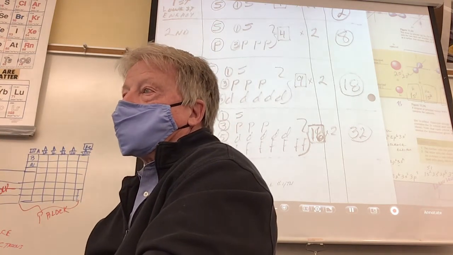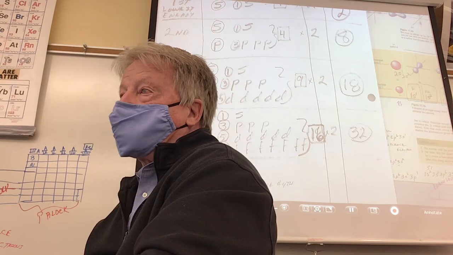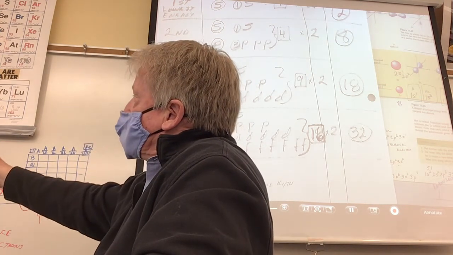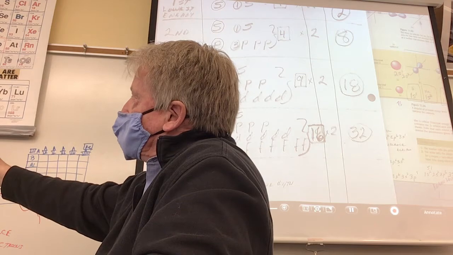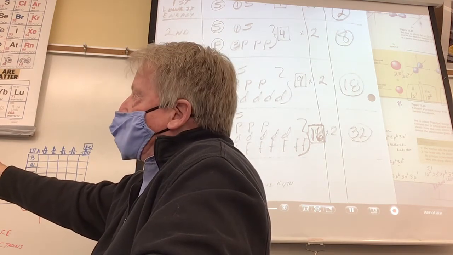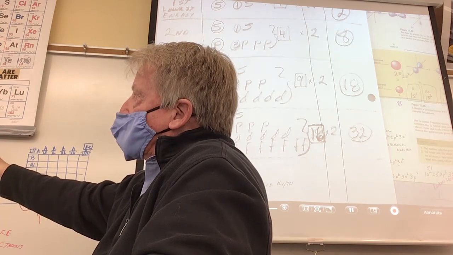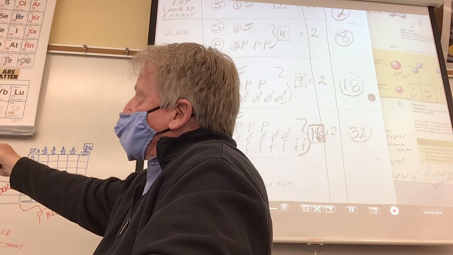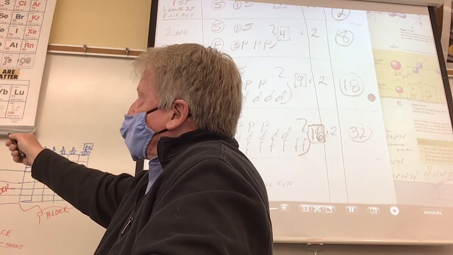Now, watch what happens here. The 3rd energy level is not full. But instead of going to the 3rd energy level and filling it, it jumps and puts 2 of them in the 4th energy level. 4s1, 4s2. Now subtract the number and say D. 3d1, 3d2, 3, 4, 5, 6, 7, 8, 9, 10.